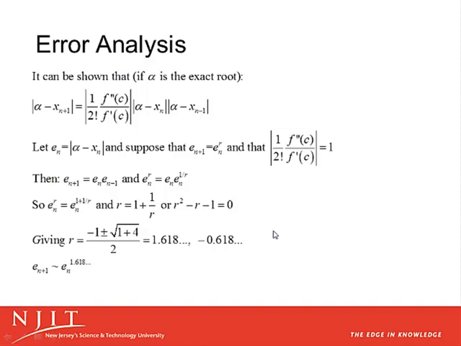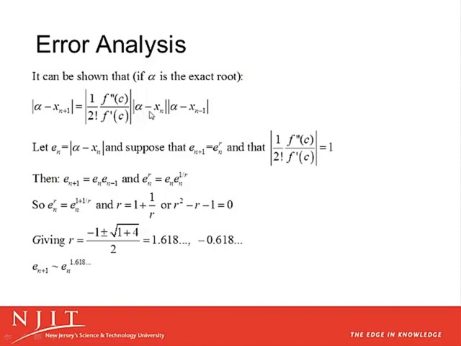The error analysis is similar to Newton's method, but it's somewhat more complicated. We'll just give you the results and what it implies. It can be shown that if alpha is the exact root, the error at the n plus first step is equal to some function, a Taylor series looking thing, just like what we had for Newton's method, times the error at the nth step times the error at the n minus first step.